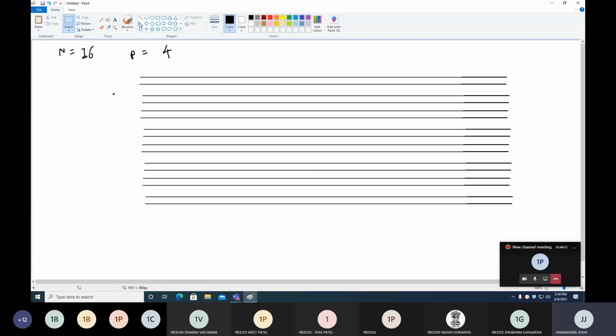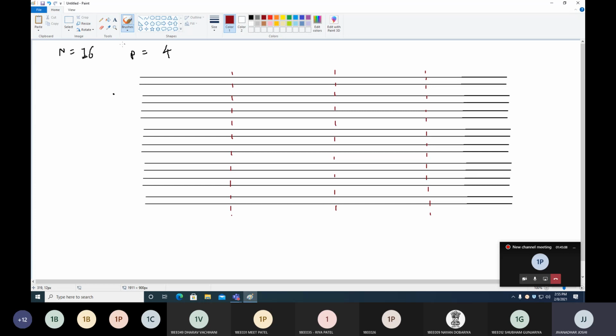Let us almost equally divide it into 4 parts. Stage 2, stage 3, stage 4.